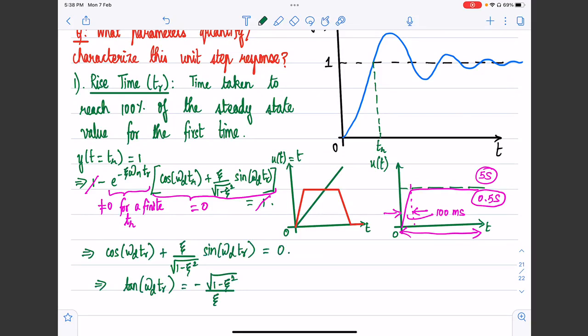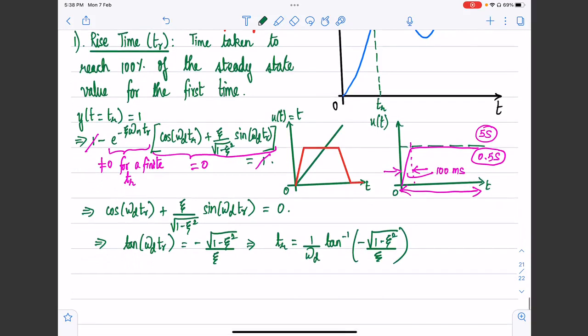Taking the inverse tan and dividing by omega d, I can rewrite this as 1 by omega d tan inverse of minus square root of 1 minus zeta squared by zeta. That's going to be the expression for my rise time. I'm going to write this as pi minus beta divided by omega d.